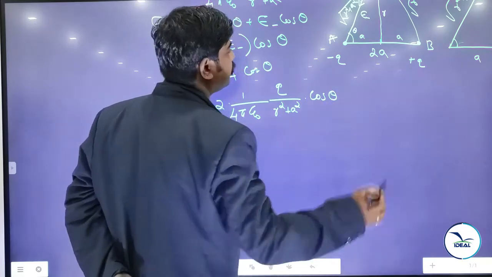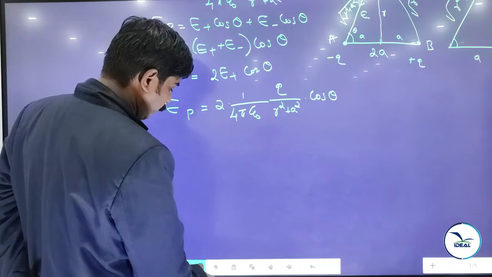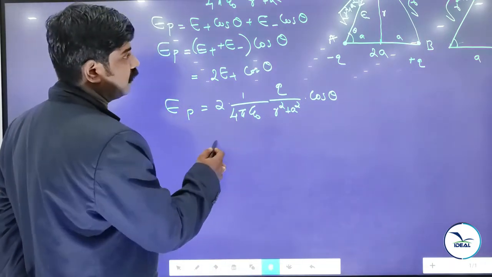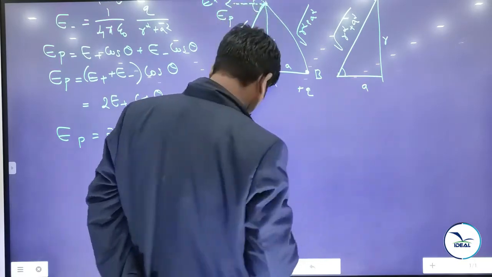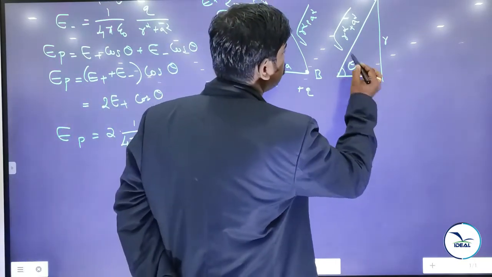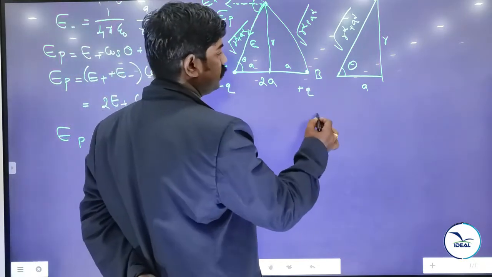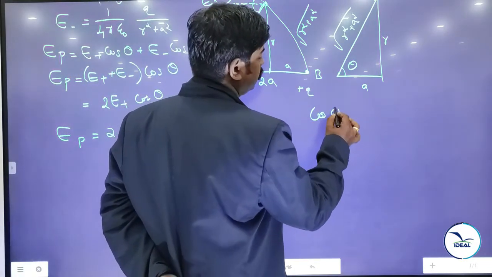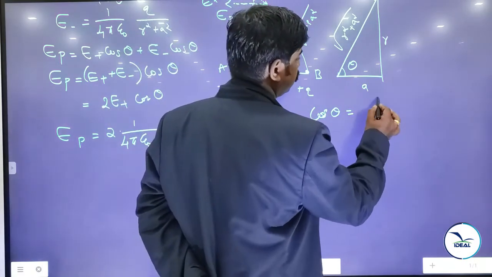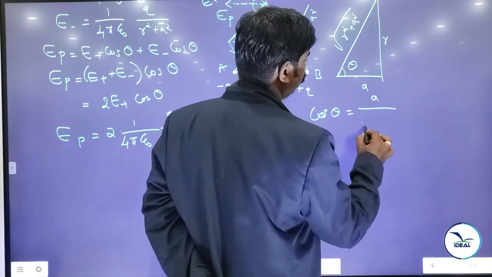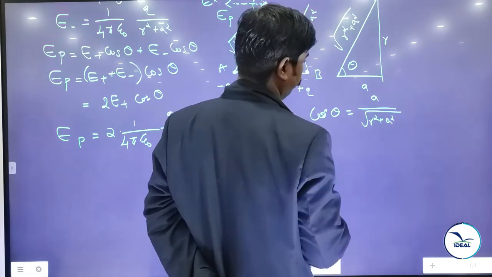What is cos theta? From that triangle itself, we can find the value of cos theta. We know that cos theta is equal to adjacent by hypotenuse. That is cos theta is equal to, here adjacent is A, so A by root of R square plus A square.